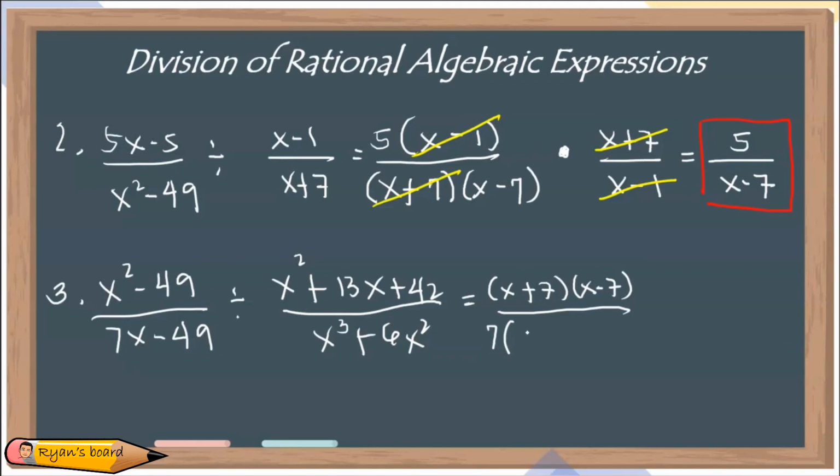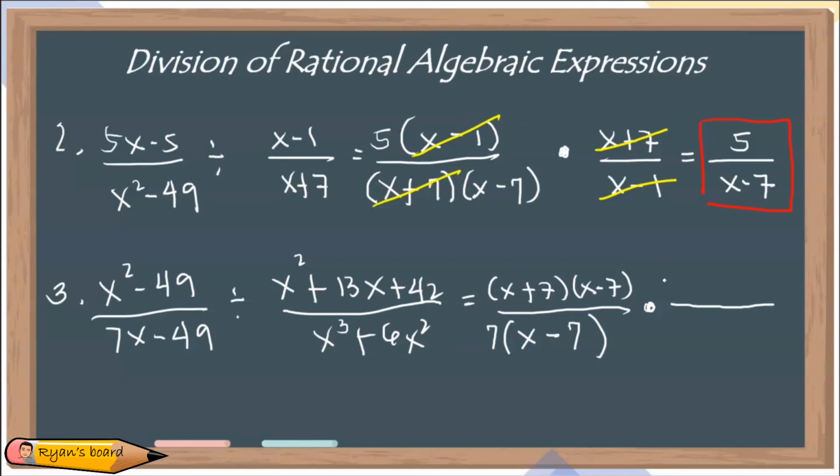So, 7x divided by 7, it's x. 49 divided by 7, it's 7. Yung divide, magiging times. Then, babalik ta rin natin. So, ito ang ilalagay natin sa numerator. So, i-factor out na natin ito. Anong GCF nito? May common ba? Meron. That's x.